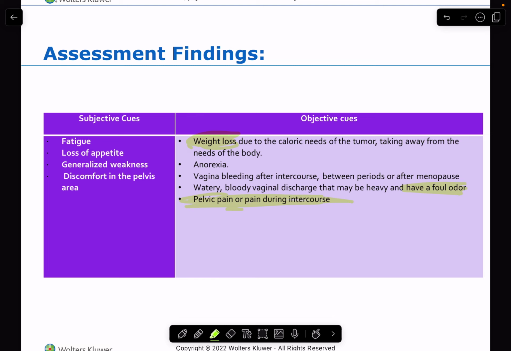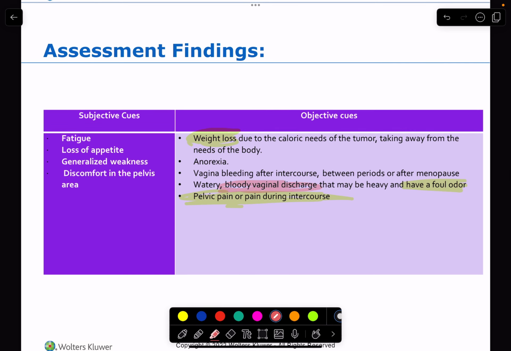Okay? And kapag nagkaroon ng bloody vaginal discharge, that might also signify that the cancer cells have already reached the uppermost one-third of the vagina or even the whole vagina itself. Okay?